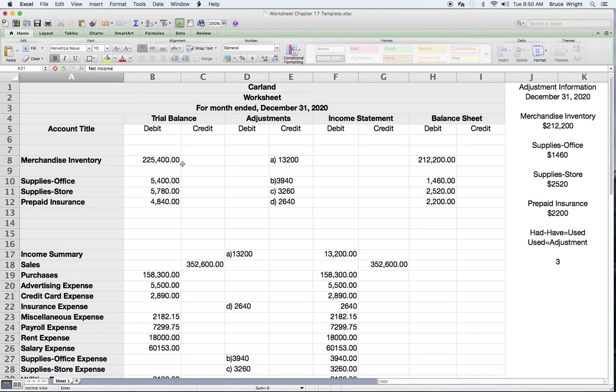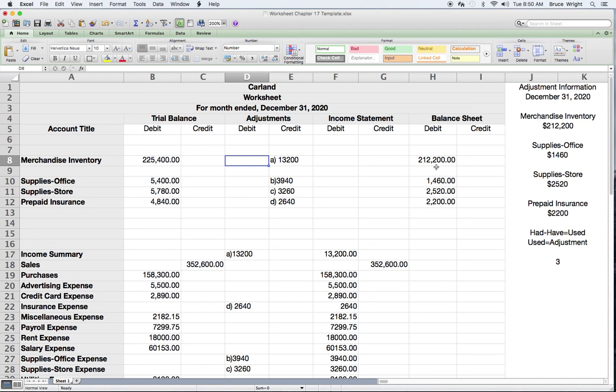And if we buy more than we sold, we're going to have a higher inventory. If that's the case, please make sure you're listening. If that's the case, we're going to have to add to merchandise inventory, which means we have to debit merchandise inventory in the adjustment and credit income summary.